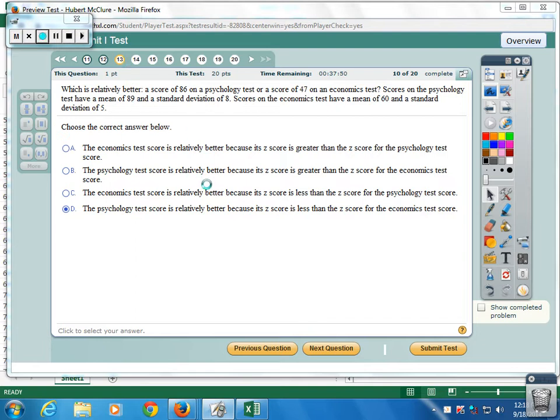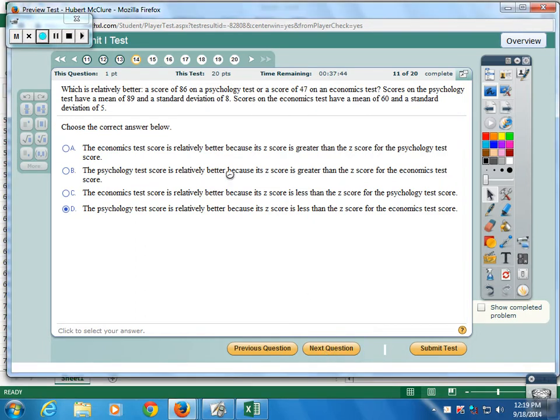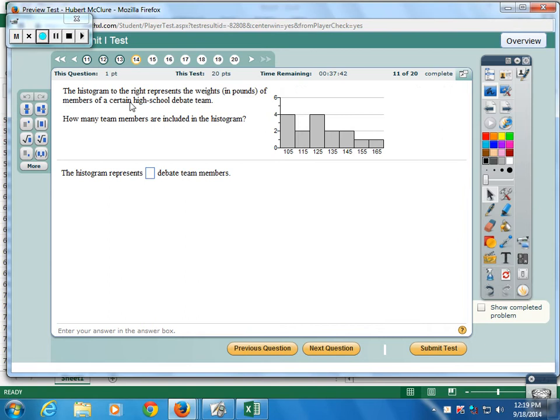Did we get to the next one? Come on. Oh, I gotta hit next question. All right, this one you should not miss. It says, how many team members are included in this histogram? 4 plus 4 is what? 8. 2, 4, 6, 8 plus 6.